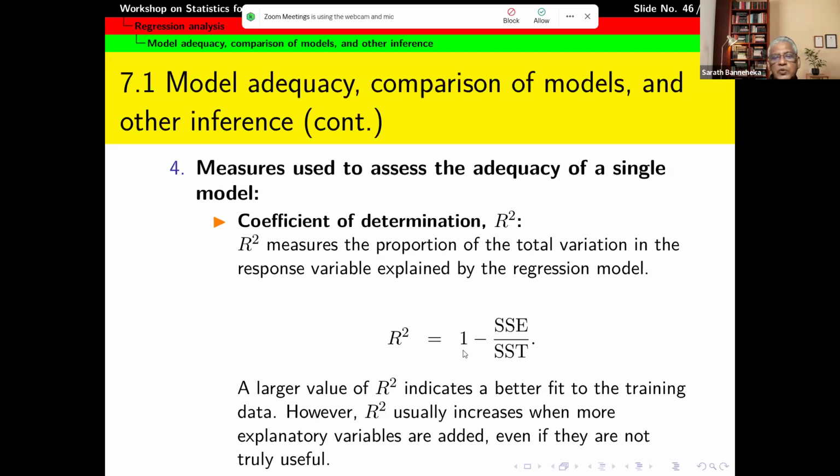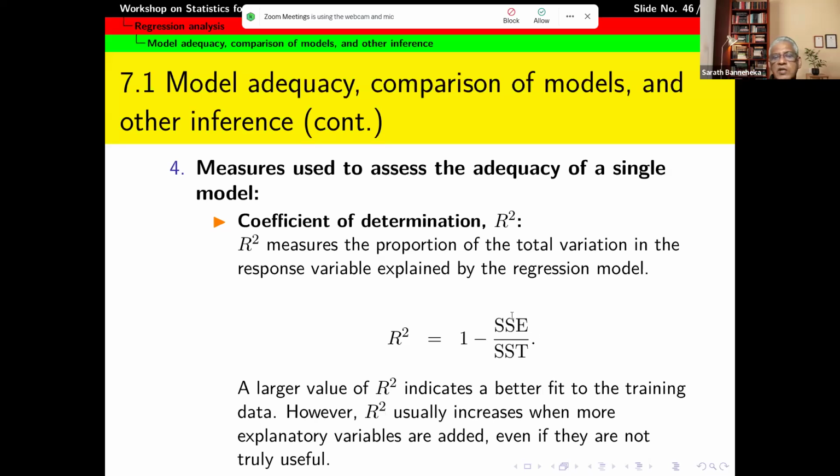So R square is given as 1 minus SSE divided by SST. That is the same as SST minus SSE divided by SST. So this SST is the total variation. SSE is the variation in the residuals, right?